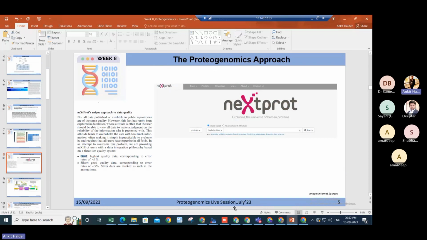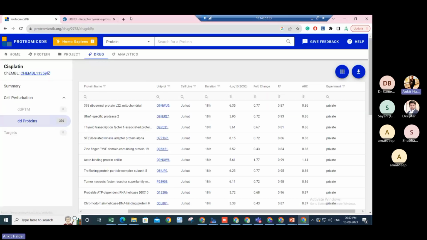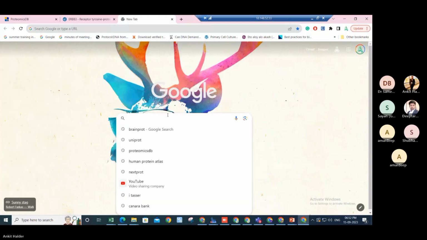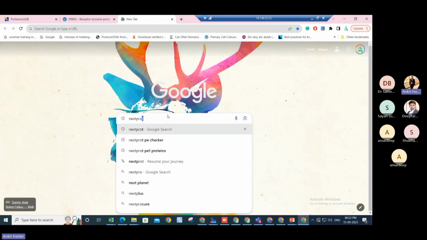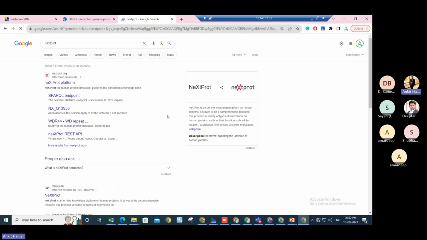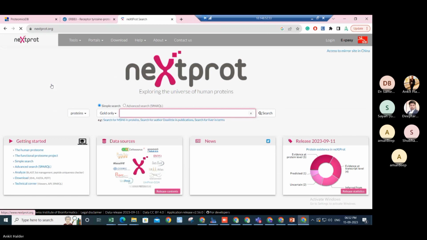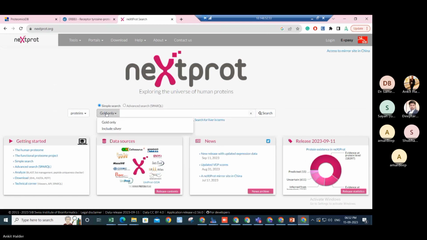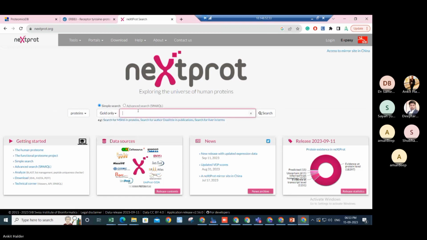So if we go to NextProt, one use of NextProt, the peptide uniqueness checker, I have already shown you in previous weeks. Here you can go and search for only gold, or include the silver with some error rates. So you can try to find out some of the proteins.